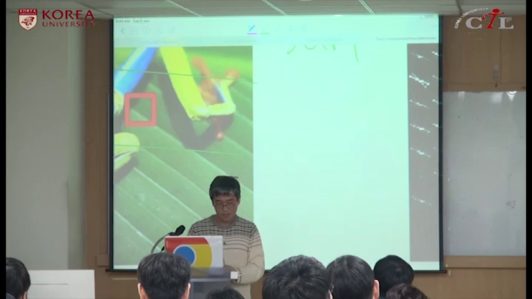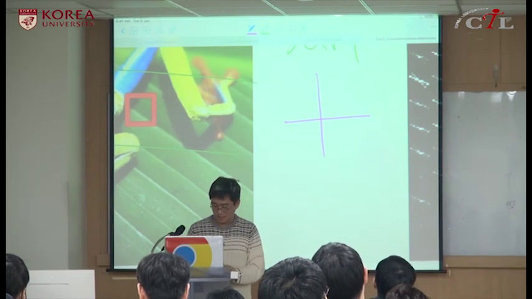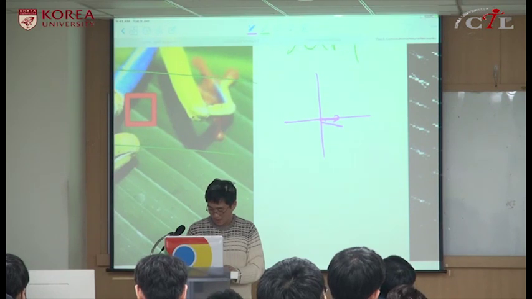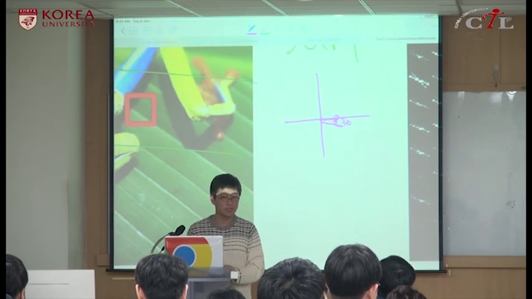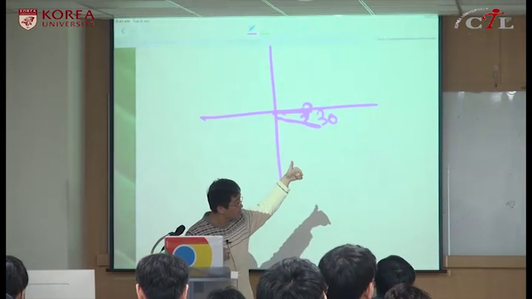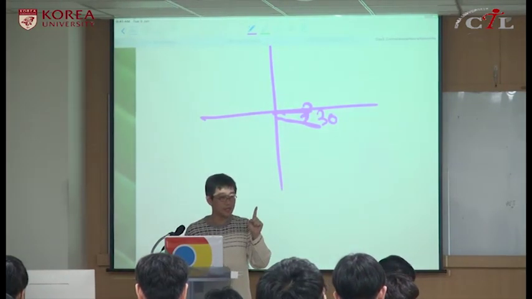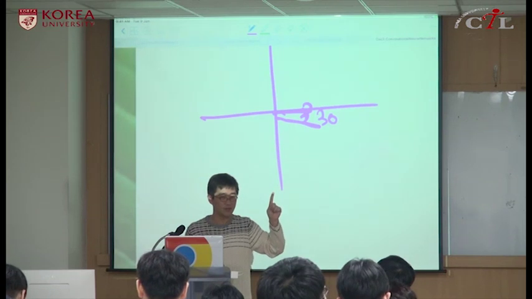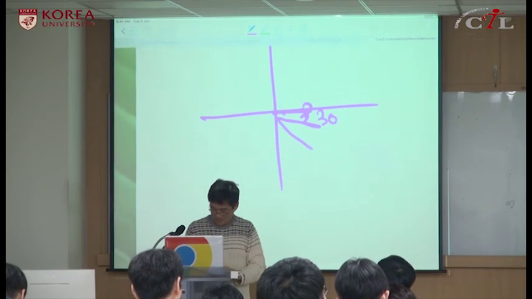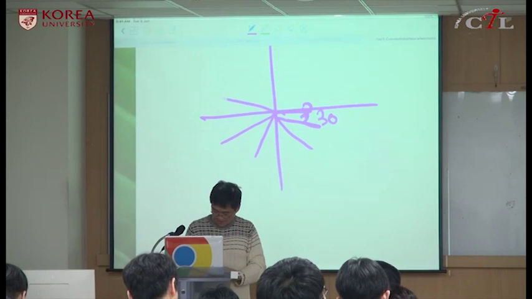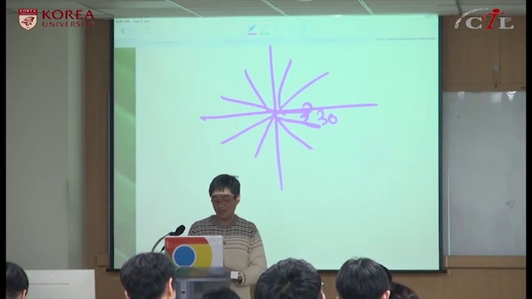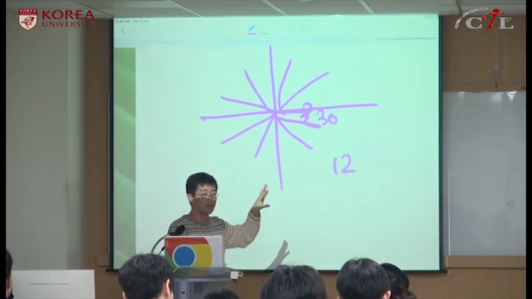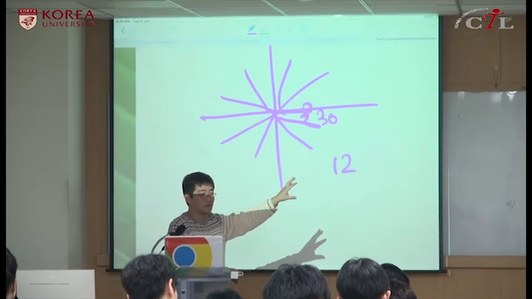For example, this is the first bin, covering a 30-degree range. If our gradient falls into this direction, we add 1 to the count of this bin. In total we have 12 different regions among all the possible gradient directions.